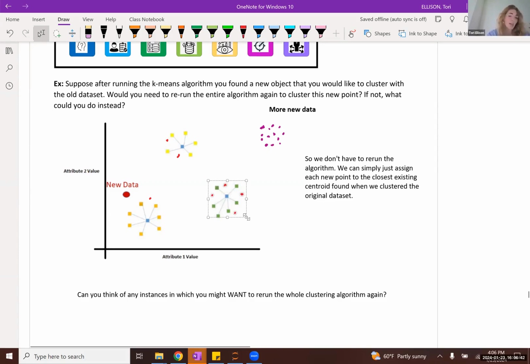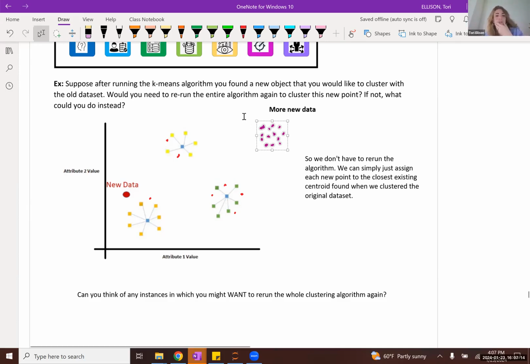But let's just say, for instance, what if we saw a new batch of observations start to display a completely new pattern? Something like this, where they were all relatively far away from the existing clusters and centroids that we had identified. What this might make us suspicious of is that perhaps the original data set was actually not fully representative of a much larger data set that we might actually want to cluster.